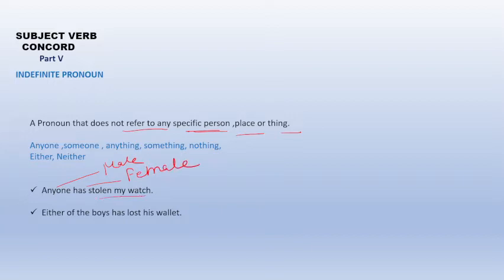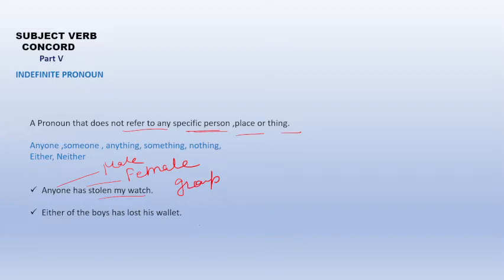Whoever has stolen my watch may be male or female, or maybe 2 or 3 persons, maybe a group together. So when we are not clear regarding our subject, that is called an indefinite pronoun.